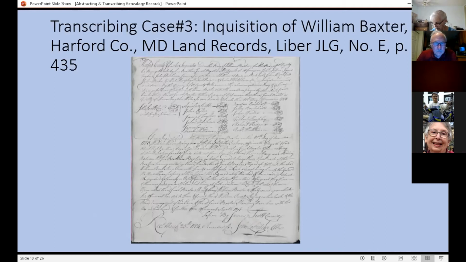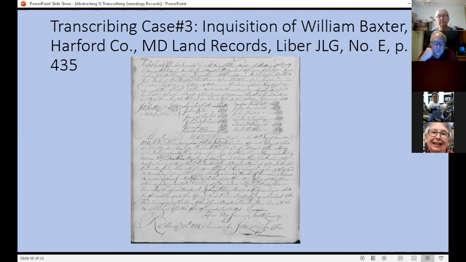The next item is an inquest of William Baxter that was filed in, I believe, the 1700s here in Harford County. And what this was, was an inquest done on the body of William Baxter, who was struck by his brother Jacob Baxter and killed.